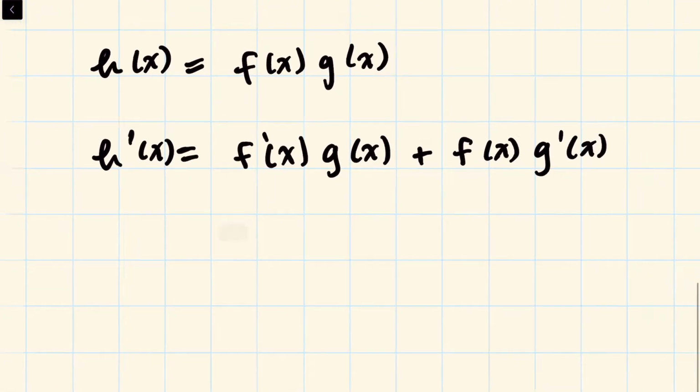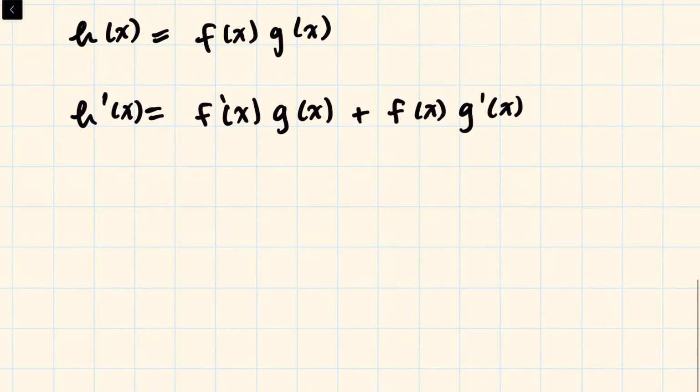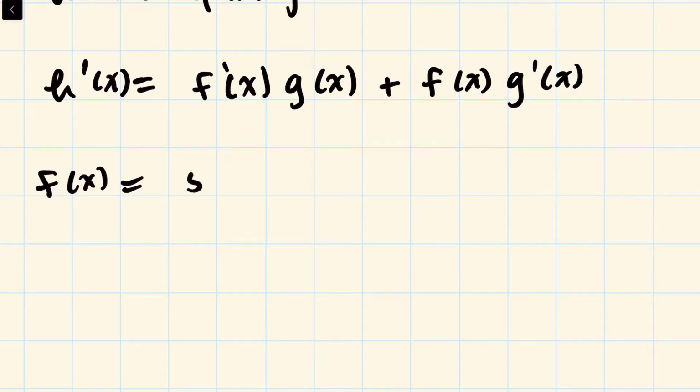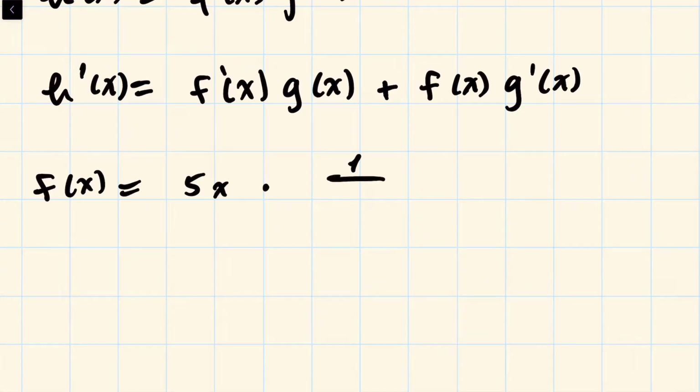Okay, so that's product rule, and applying it now, let's say f of x is equal to 5x multiplied by, let's say, 1 over x squared, or no, I won't do that actually.